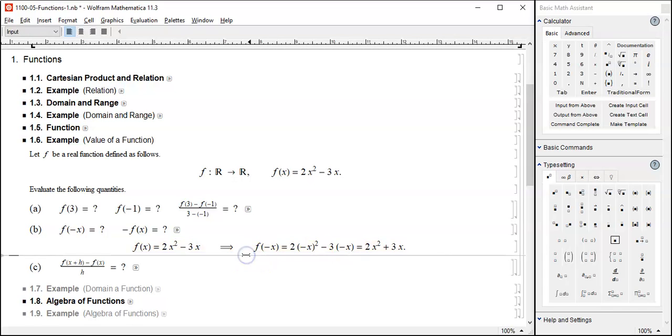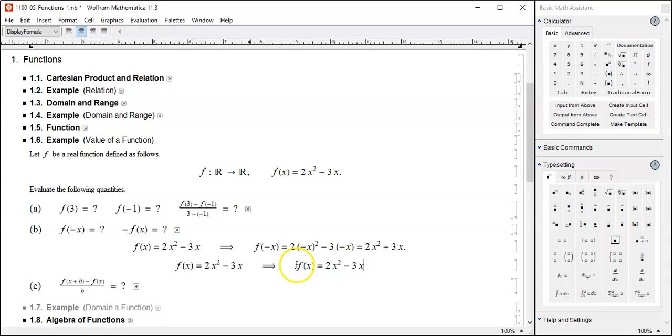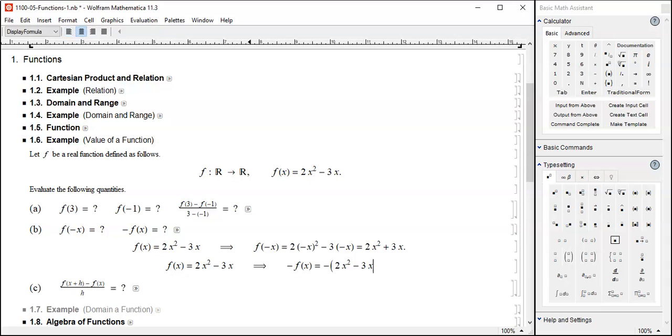Now, what about the next part here? I'm looking for negative of f of x, right? And f of x is actually 2x squared minus 3x. So the substitution yields this. In place of f of x, I can substitute 2x squared minus 3x. And we get negative 2x squared plus 3x.